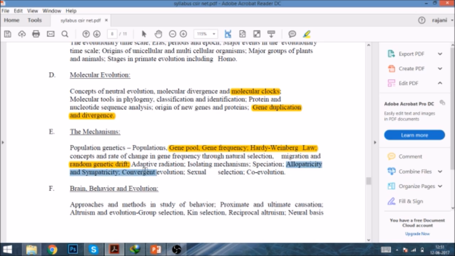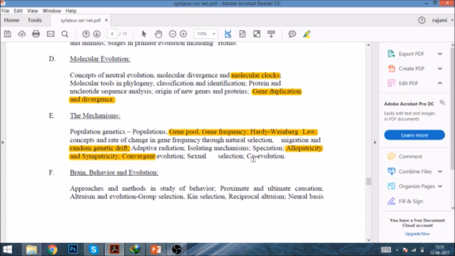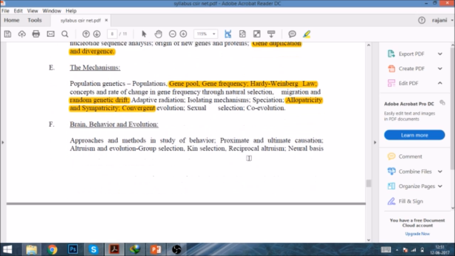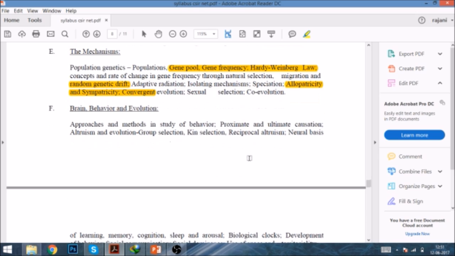What is allopatricity and sympatricity, you must have these definitions in your mind, and how the graph varies in the selection process, about natural selection, what the variation in the graph will be if it is directional. So once go through this.